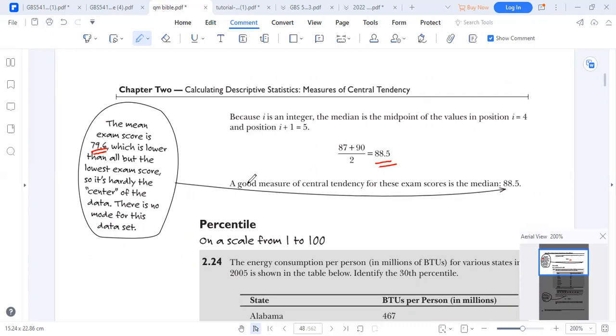So the good central tendency is the median, which is giving us something higher. So you pick the one which is giving you a higher value. Compare 88.5 to 79.6. You'd rather go for our median, which is giving us a higher measure of central tendency.